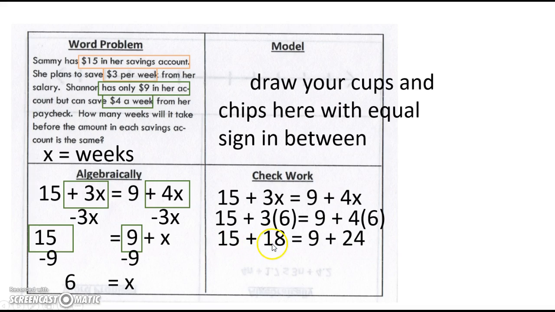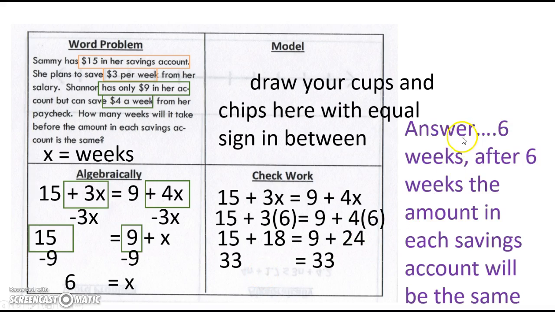Now I have 15 plus 18 is equal to 9 plus 24. 15 plus 18 is 33. 9 plus 24 is 33. I know it works. They're balanced. It's equal. So your answer is 6, and that means 6 weeks. After 6 weeks, Sammy and Shannon will have the same amount in each savings account.